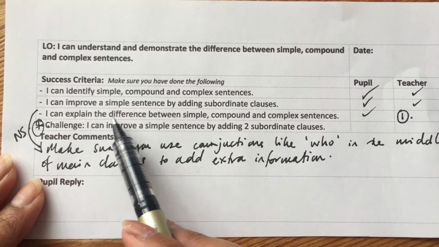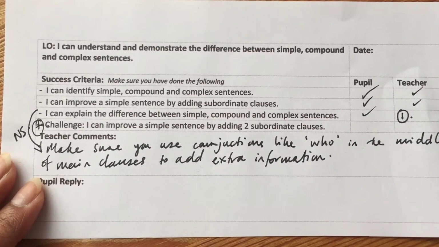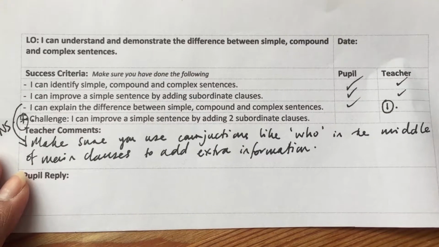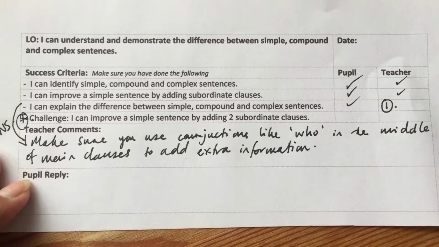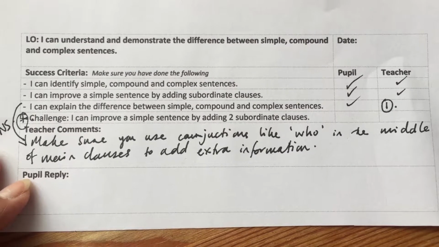And with this one, can they explain the difference? Maybe you could get them to write a little paragraph, and you could add that in the comments. So marking just becomes this really simple thing. You're not having to write huge amounts. You're not having to repeat yourself in your marking, especially when you're marking 30 pieces of work.